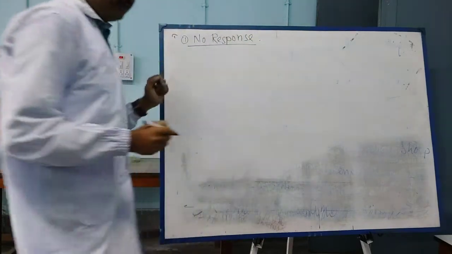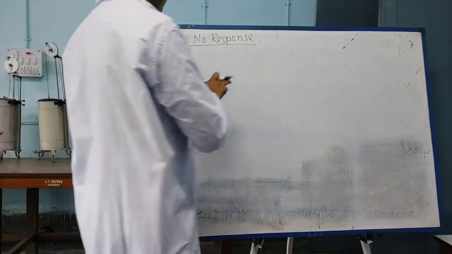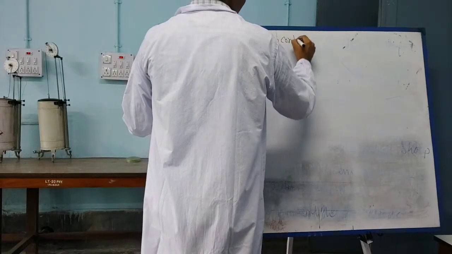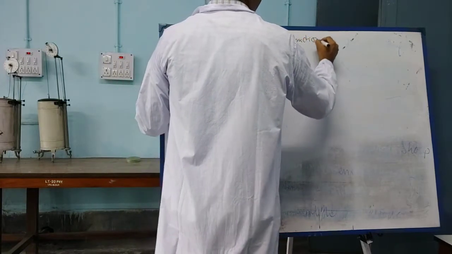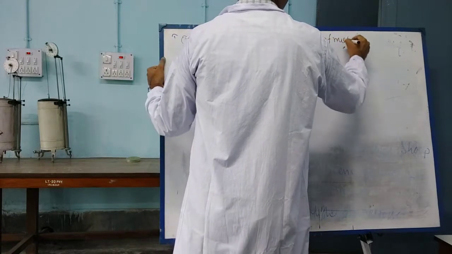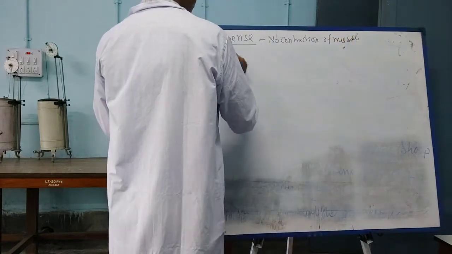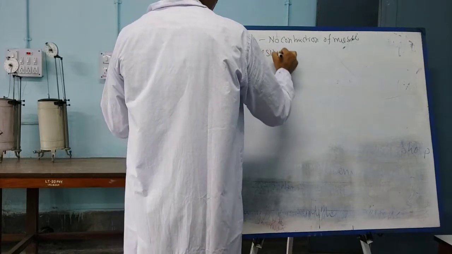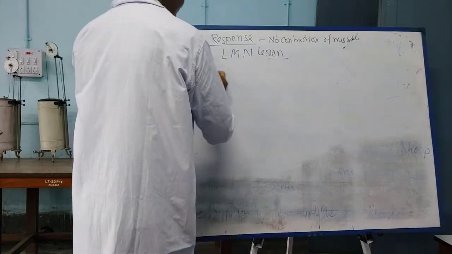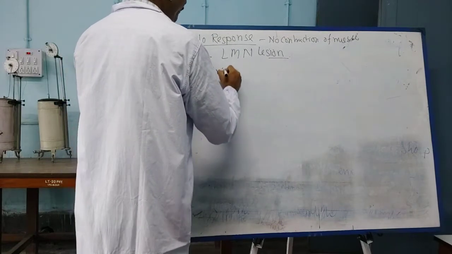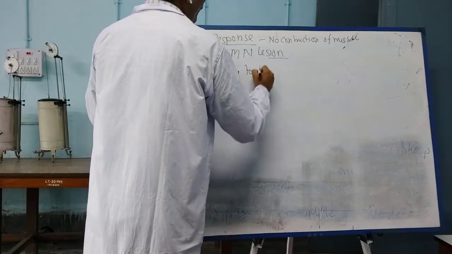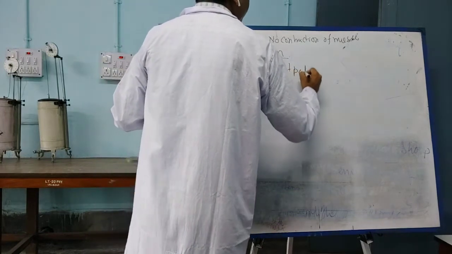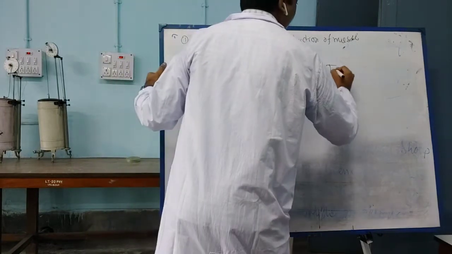No response means no contraction of muscle. Seen in lower motor neuron lesion. Also seen in injury to the afferent path, that is tabes dorsalis.